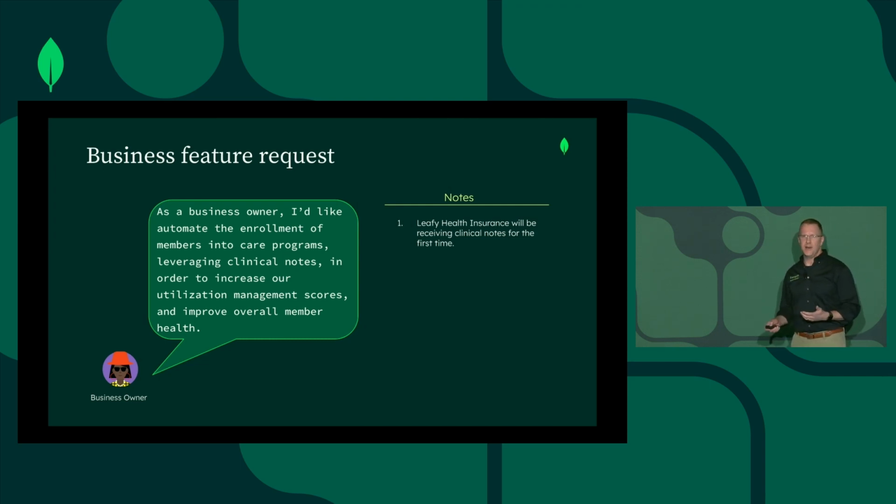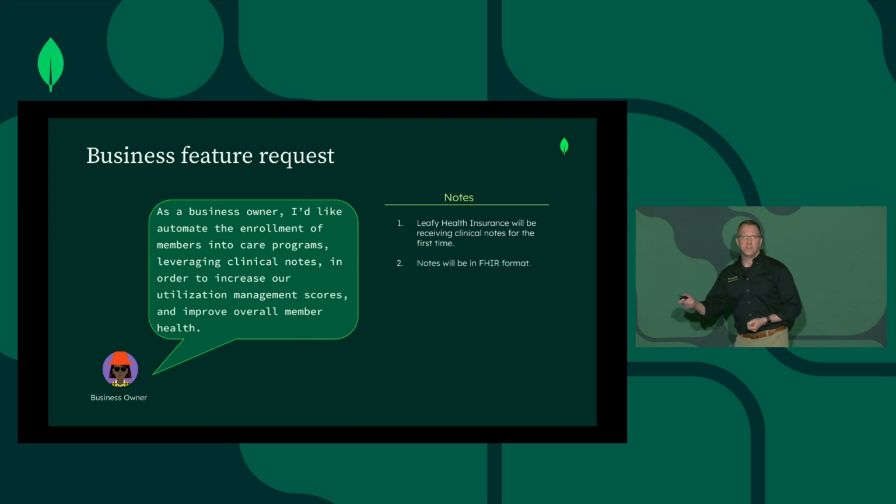Yes, there's PII and PHI in them, but as a health insurer, you can access those clinical notes from patients. The notes are going to come to us in FHIR format, the Fast Healthcare Interoperability Resources format, a bunch of JSON schemas that define things like providers and payers and clinical notes.